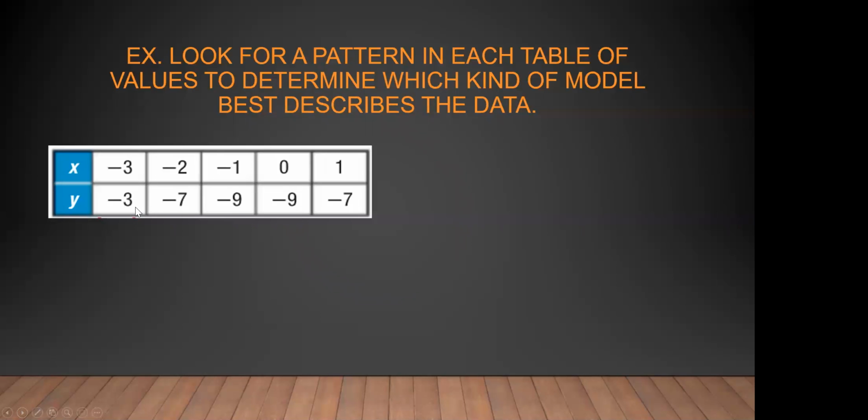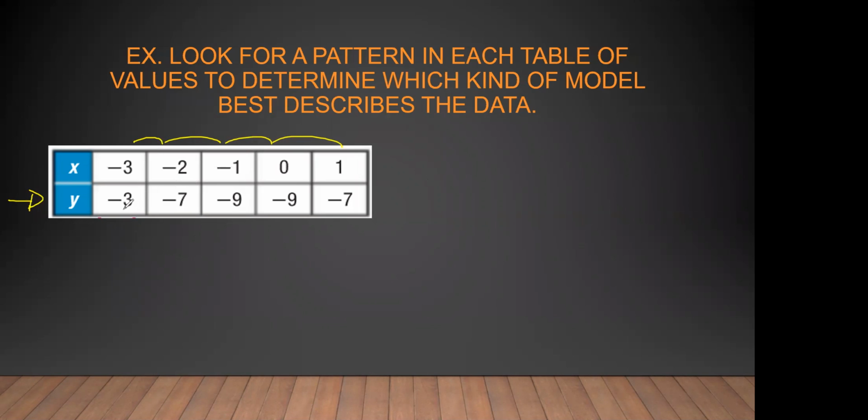All right, so if we look at this table here, remember we're looking at the y values. We want to find the difference from one value to the next. And notice each one of these in the x, they're going up by 1. So these are consecutive points.